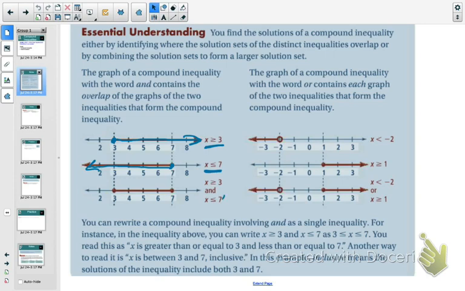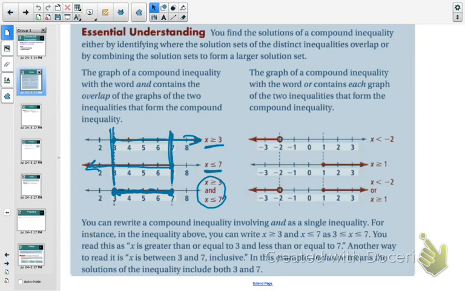And if we said both of those and, so it said x is greater than 3 and x is less than 7, then we would just do where they overlap. So if you look, they overlap here and here. So your graph would be from here to here. I like to make mine kind of squiggly so you can see them. Okay, so that's what an and inequality looks like. It would just be this shaded region here.